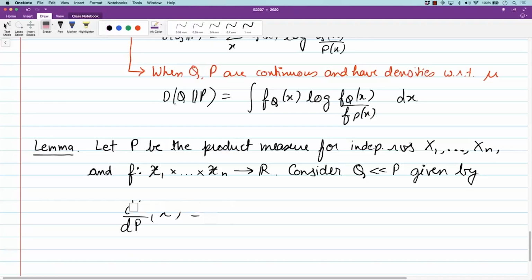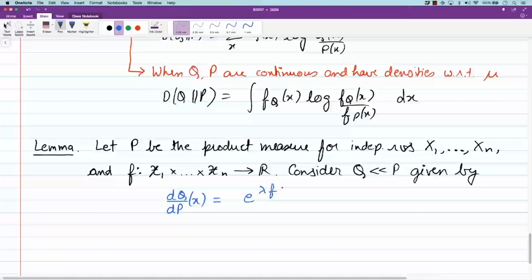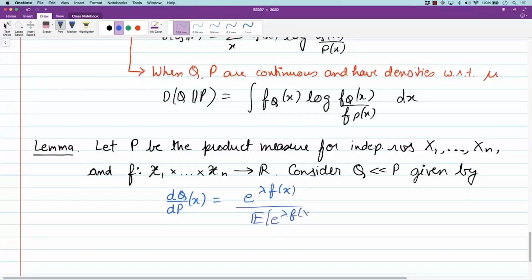Suppose this density, dQ by dP of x, is e to the power lambda f of x, the whole vector x, this is with respect to P.